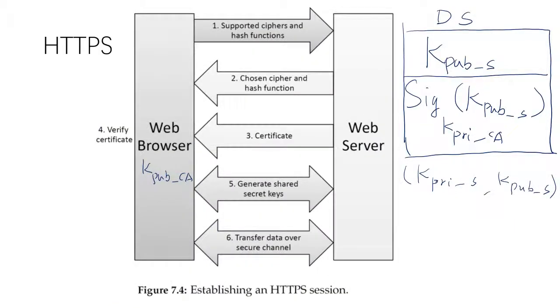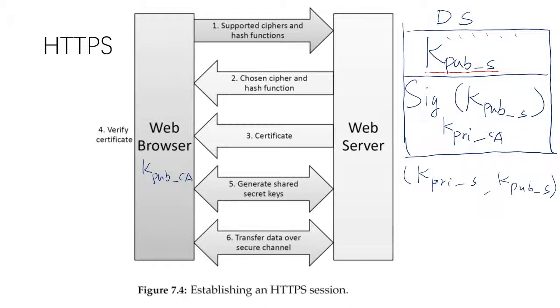Now let's take a look at how HTTPS leverages the digital certificate to enforce a secure communication channel. Suppose that the web server has already obtained a digital certificate from the CA, and the digital certificate includes all its basic information and, most importantly, its public key. We mark it as KPubS.